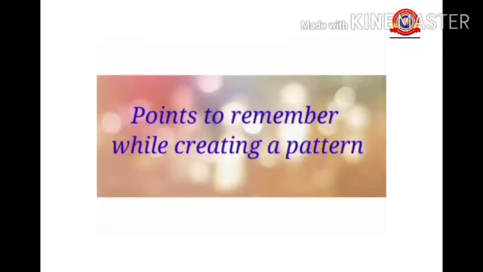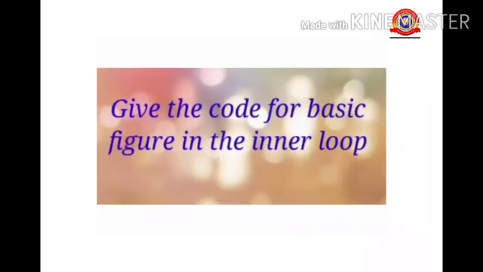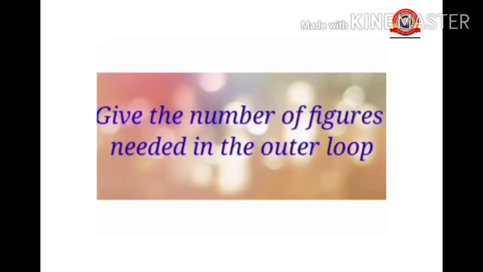Always keep in mind that if you want to create a pattern, first you have to identify the basic figure. Then give the programming code for creating that basic figure inside the inner loop. And in the outer loop, you have to give the number of figures around a point.